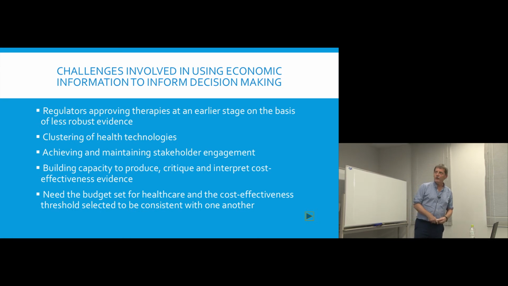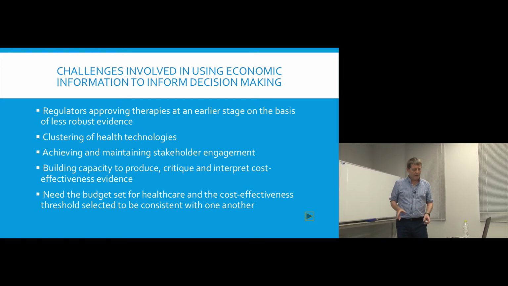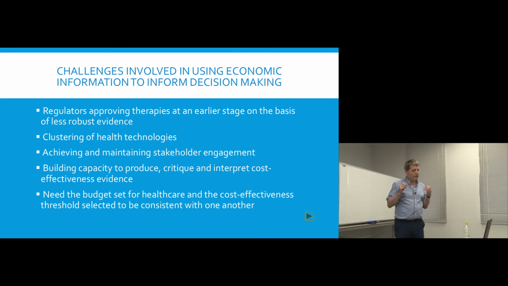Right, now for a different sort of challenge. What I've been talking about so far were, in a sense, I'll call them technical challenges. If you're trying to get an unbiased estimate of cost effectiveness, that series of challenges I've just reviewed, they all arise. They're obstacles to getting a robust estimate of cost effectiveness.